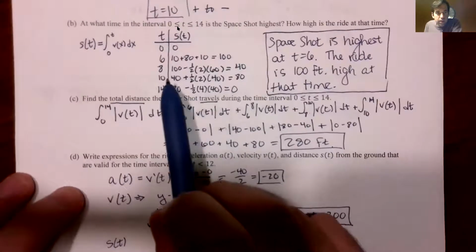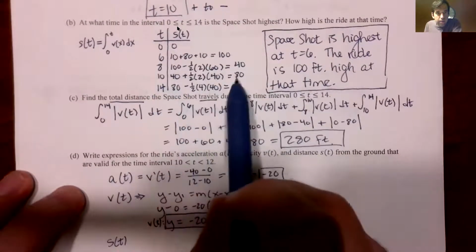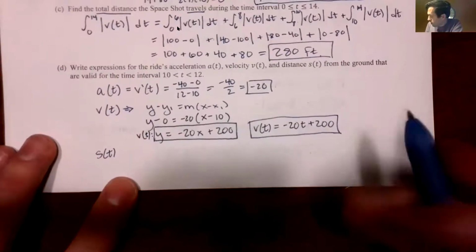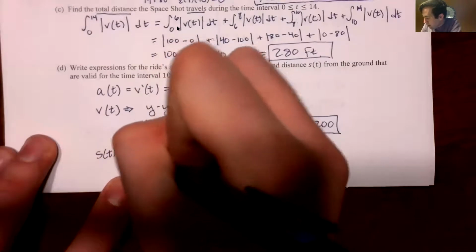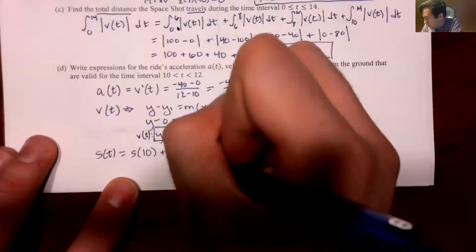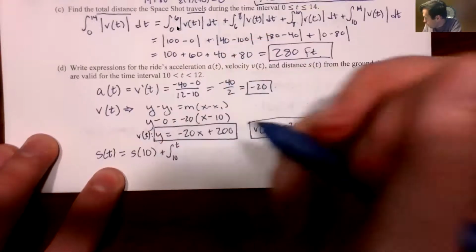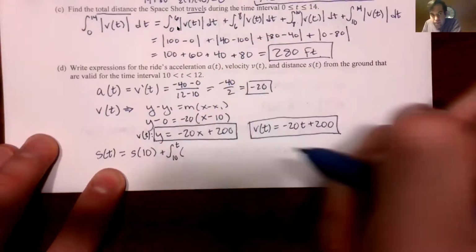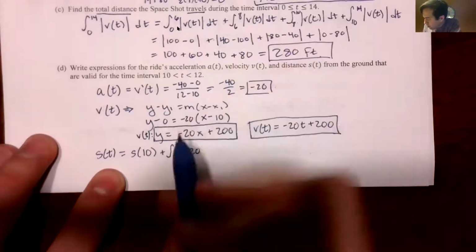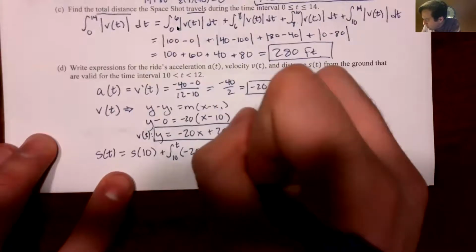Okay, so s of t, we want something that can work from 10 to 12. Now, we know the value of the position function at 10. So we're going to start with s of 10 and then add the integral from 10 to some t, whatever t we're using, of the velocity function that we just came up with. And now I'm going to use x since we're using t as a bound.